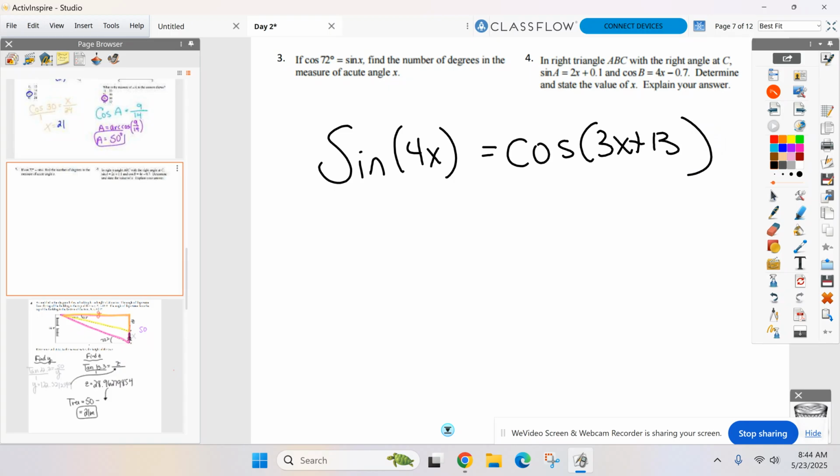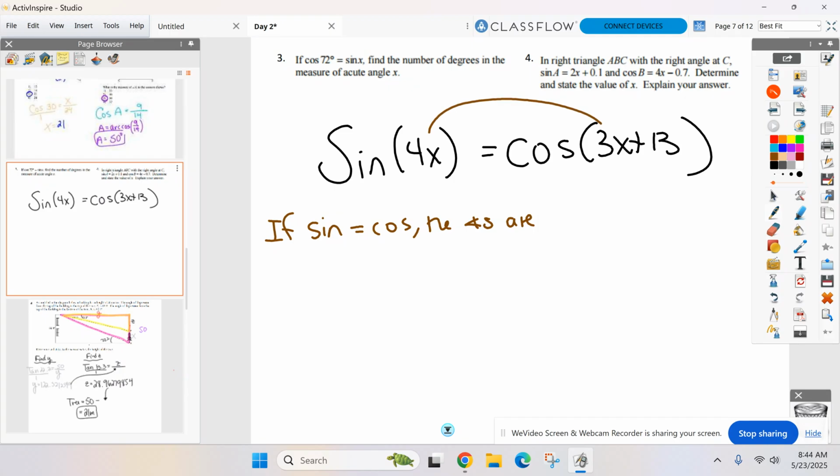That's not what we want to do here. If those two ratios, sine and cosine, are ever equal, the angles are not equal. Anybody remember back in the day what we knew about those angles?